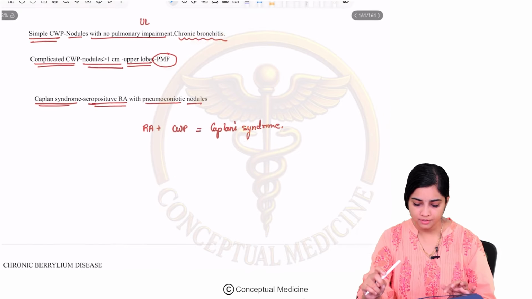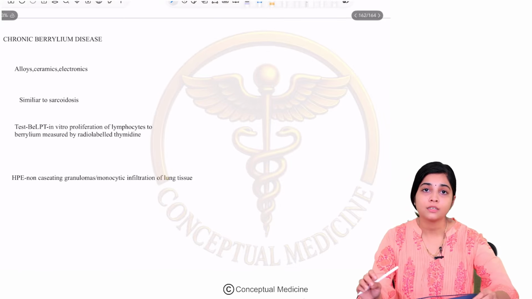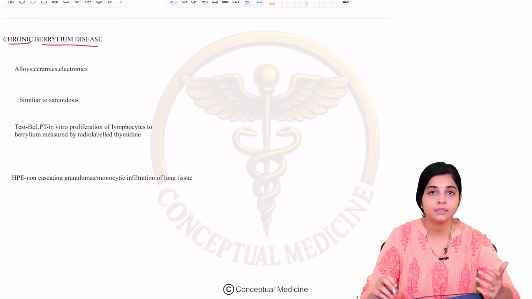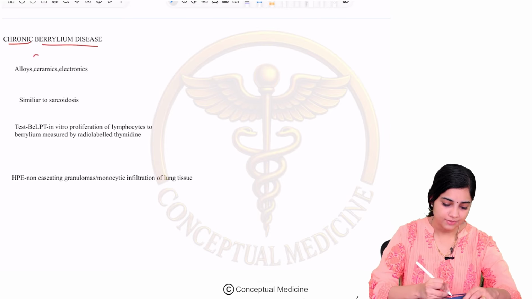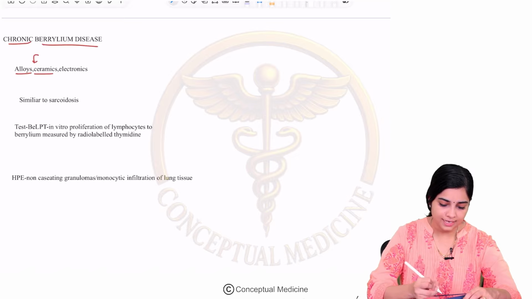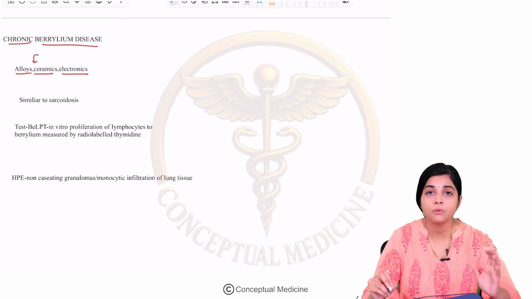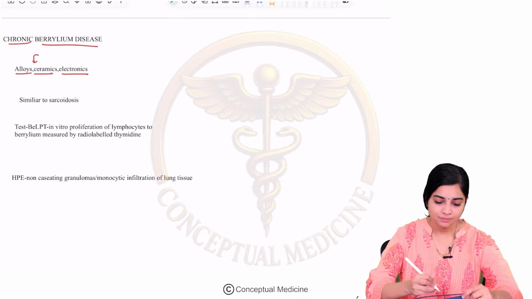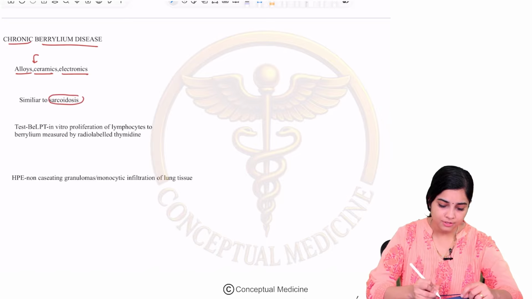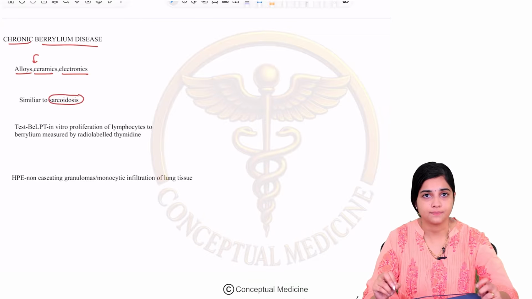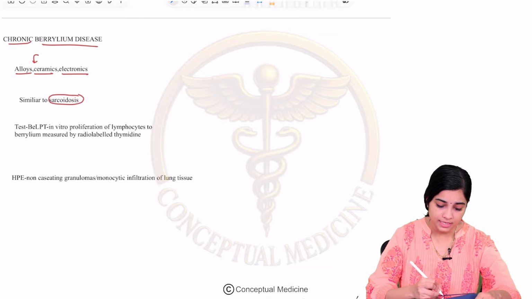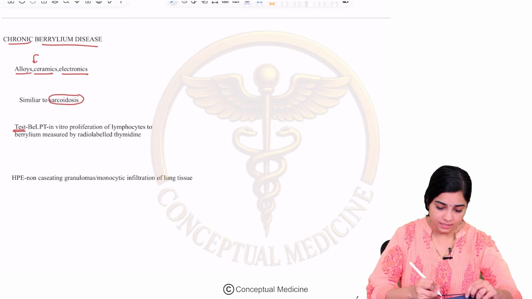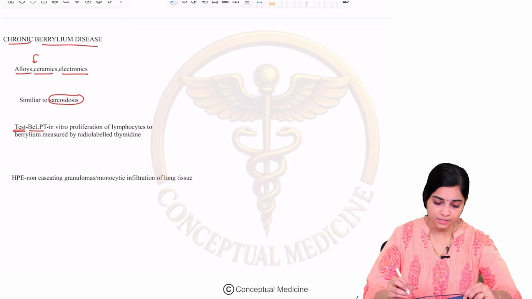Okay, fine. Now, let us look at chronic beryllium disease. When do you get chronic beryllium disease? This occurs with exposure to alloys, ceramic and electronics industries. These are the most common industries where you get beryllium exposure. Remember the key point that beryllium disease is similar to sarcoidosis, and the test that we use to identify chronic berylliosis is the beryllium lymphocyte proliferation test.